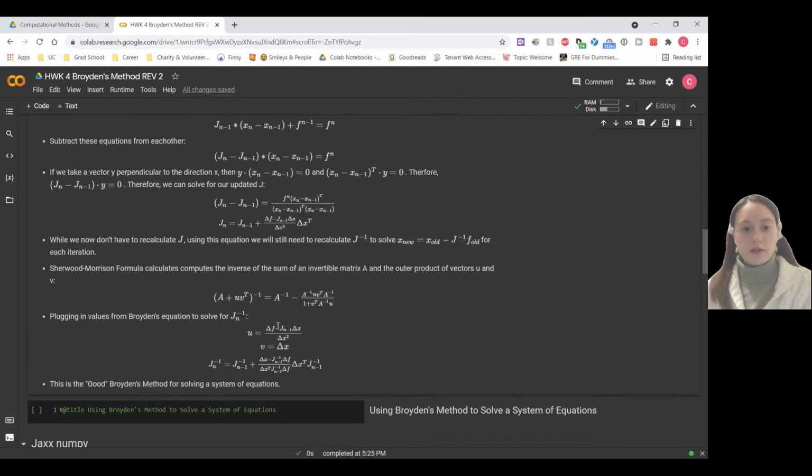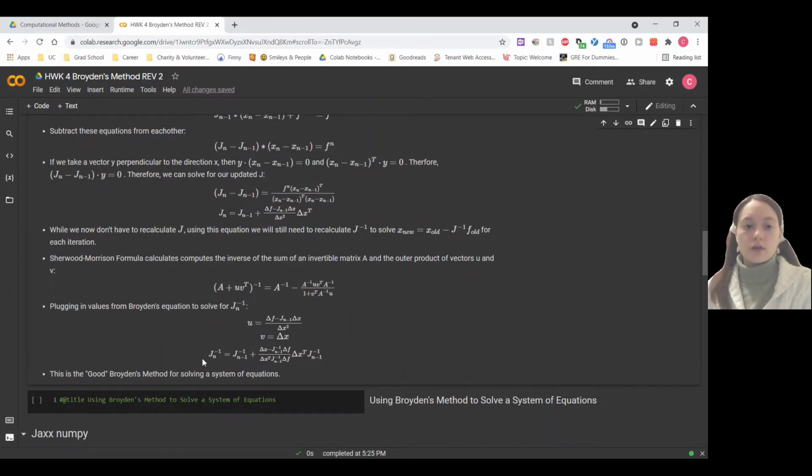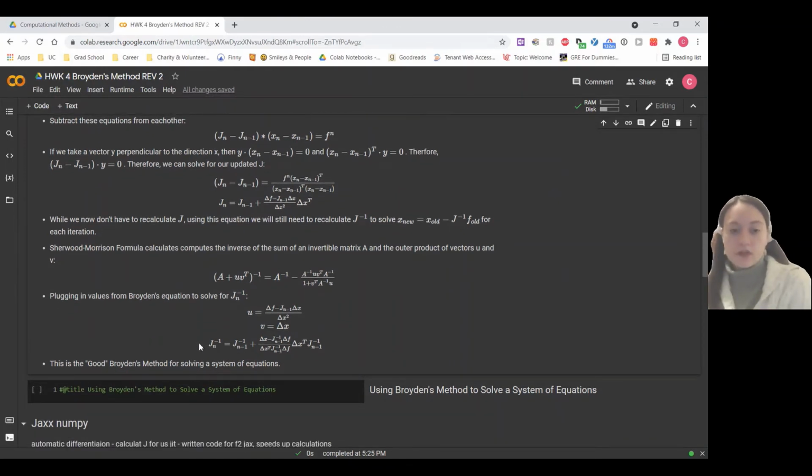So we can easily plug in our values from our Broyden's update equation here. So u is equal to this fraction, our v is equal to delta x, and then once we plug our values from our Broyden update equation into the Sherman-Morrison formula, we get this final equation, which tells us that the inverse of the new Jacobian, so what we were trying to solve for so that we can plug it into our x new equals x old minus the inverse of the Jacobian times f old, is equal to the old inverse Jacobian plus this big correction factor here.